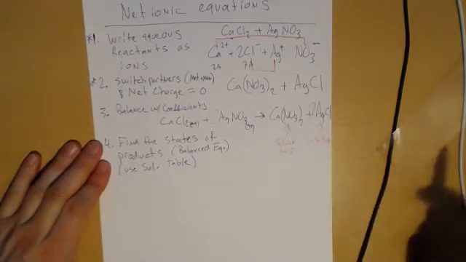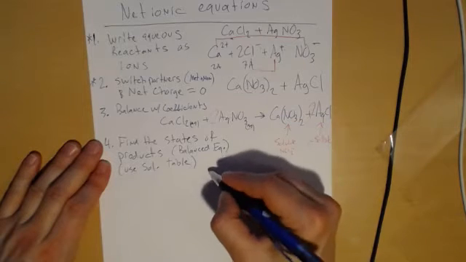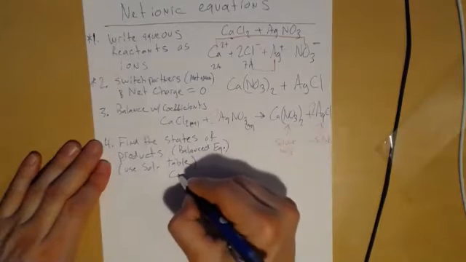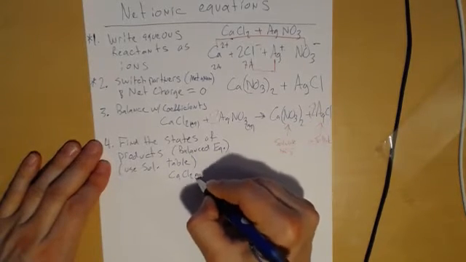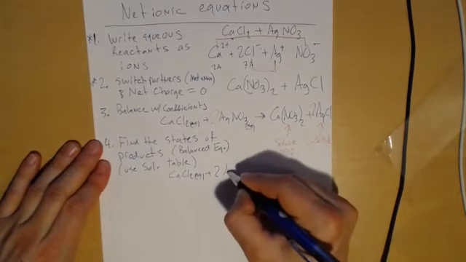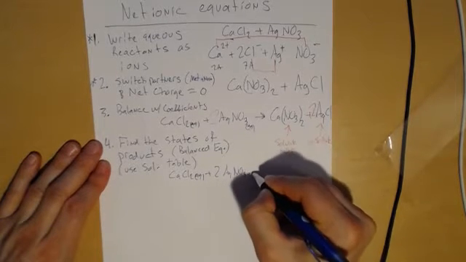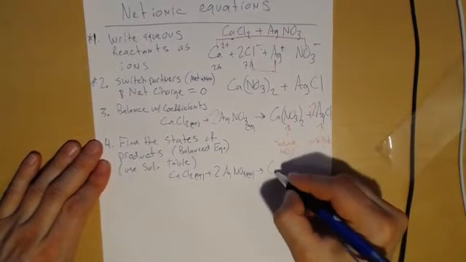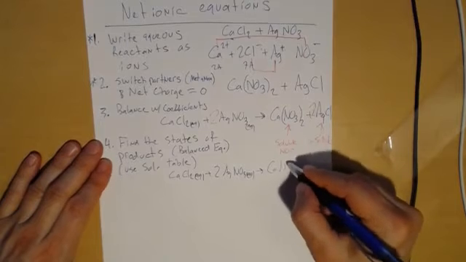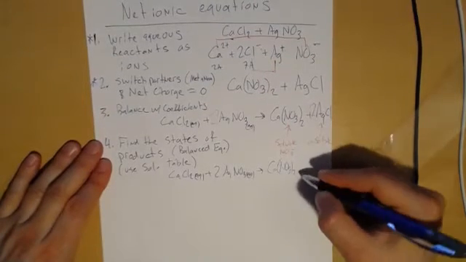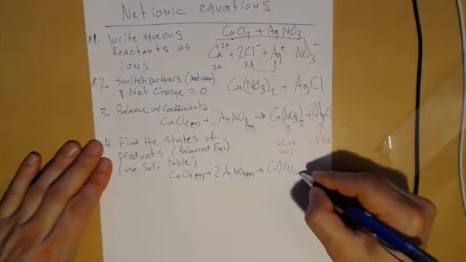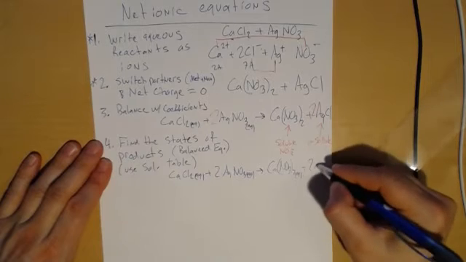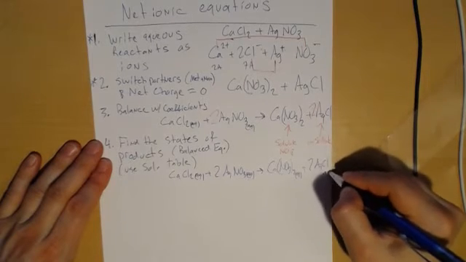And so I basically just rewrite the whole thing. CaCl2 aqueous plus 2 AgNO3 aqueous goes to CaNO3 2 aqueous plus 2 AgCl, aqueous.